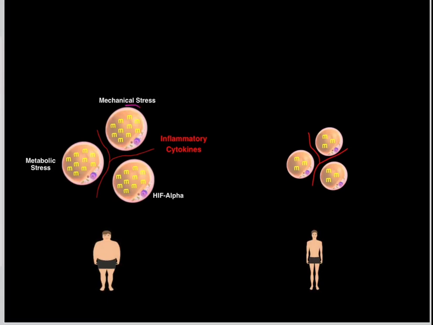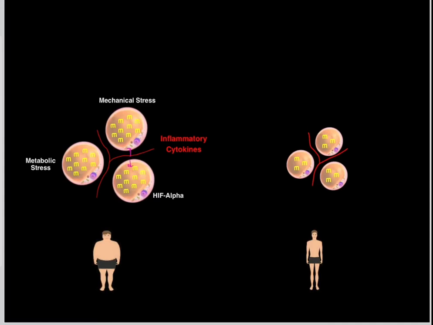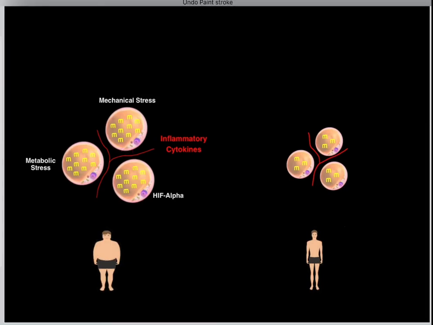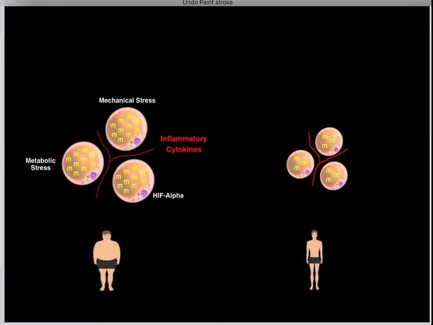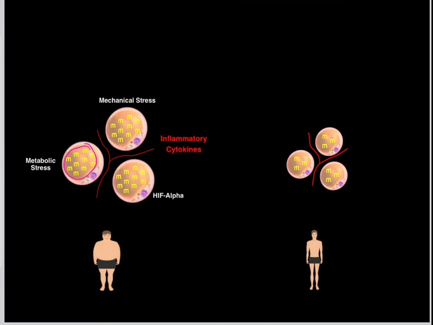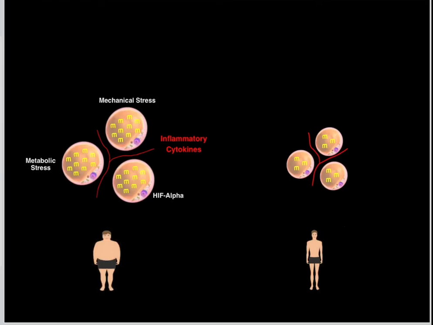Also, as these adipocytes grow in size, they're going to run into each other, and that's going to cause physical stress and physical forces, which will activate mechanically gated channels, which will also activate a signal transduction cascade that will lead to the release of these inflammatory cytokines. Also, this excess triacylglycerides lead to metabolic stress, which also releases these inflammatory cytokines. But the point is when you have adipocyte hypertrophy, that's going to lead to the release of inflammatory cytokines.